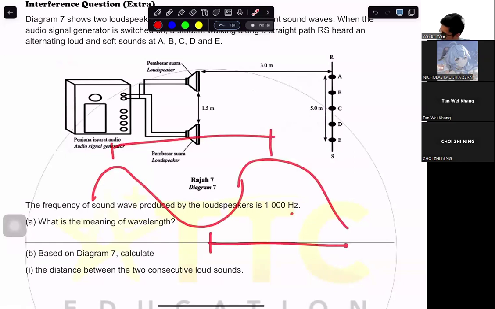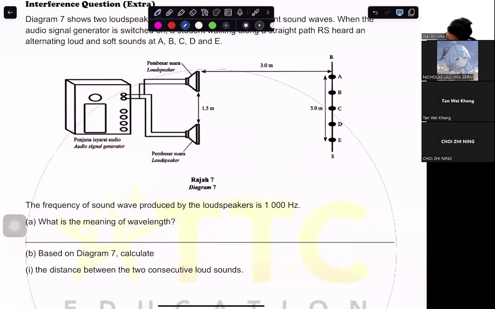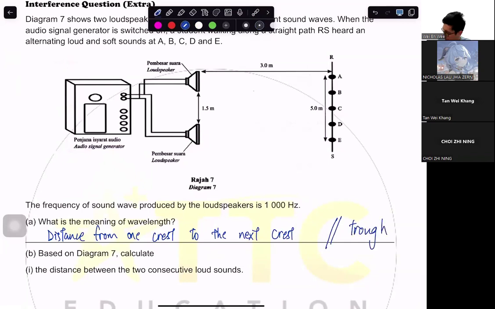Or one trough to another trough. Okay, trough means the bottom.